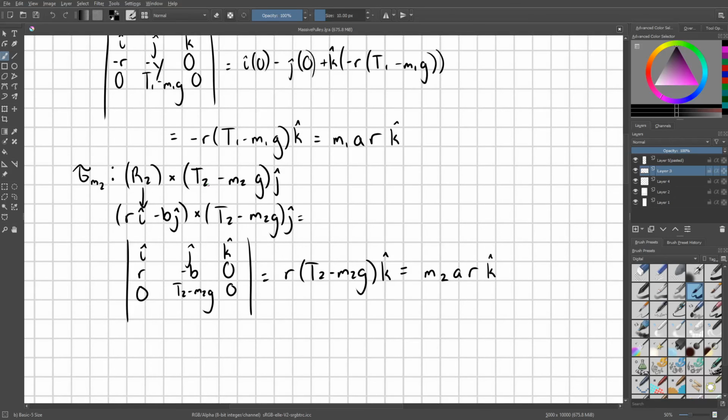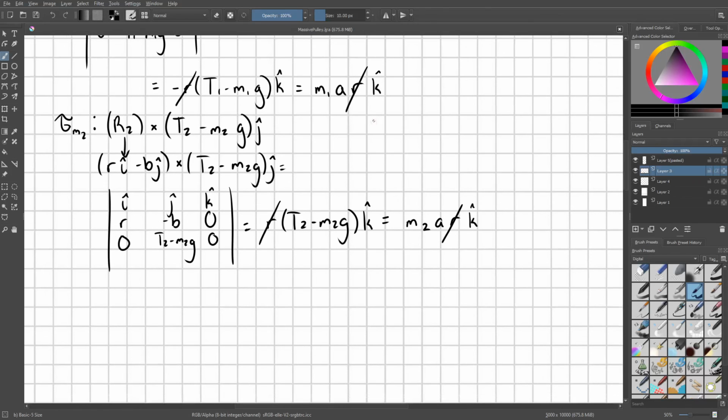From here, we can see very clearly what's going to happen, and that is that the R for both of these equations are going to cancel out. The actual direction of the torque is fairly irrelevant, so I'm also going to drop out the k-hat direction.